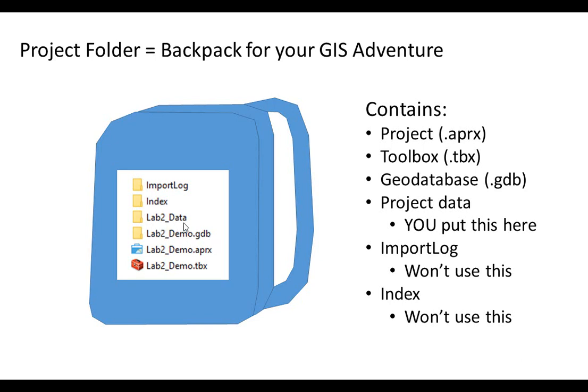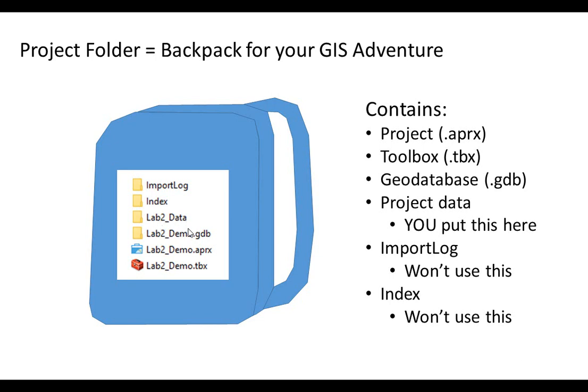And then this lab 2, this data folder here, this represents data that I would have downloaded like from online. So data that came from a different source that I didn't generate myself. Things that I generate myself will be in the geodatabase, but data that I take from online, I have to put it into this project folder.